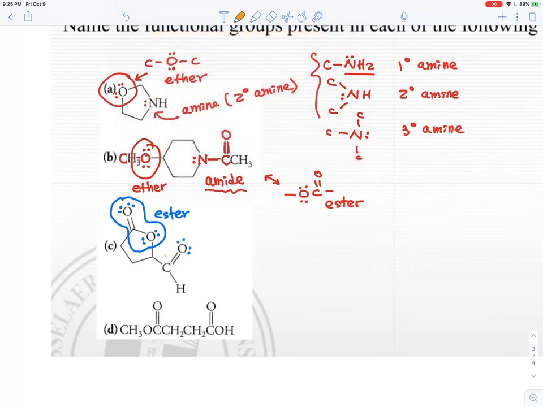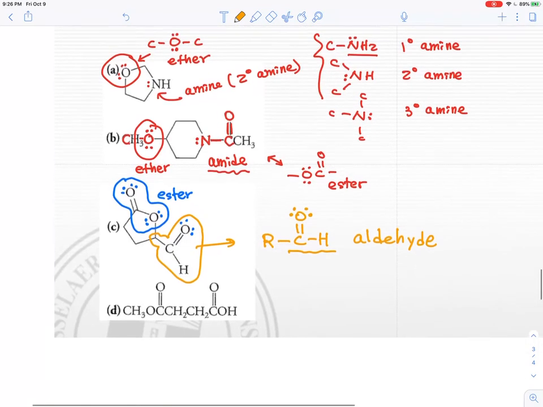It is a carbon base, so I can write it as R, carbon, with CO and H. This compound we call an aldehyde. So there's an ester, and the aldehyde group is shown up here.